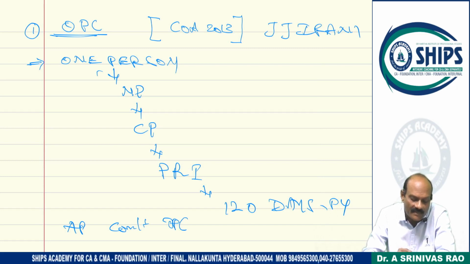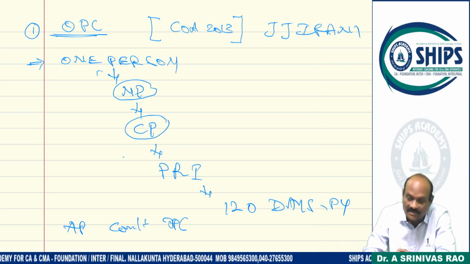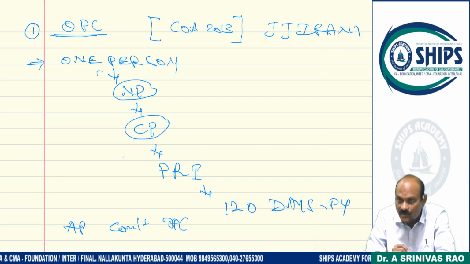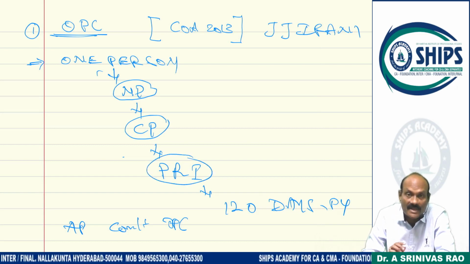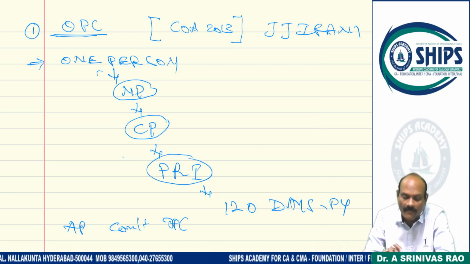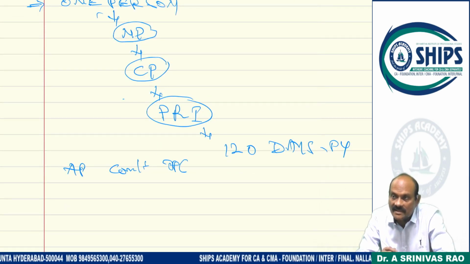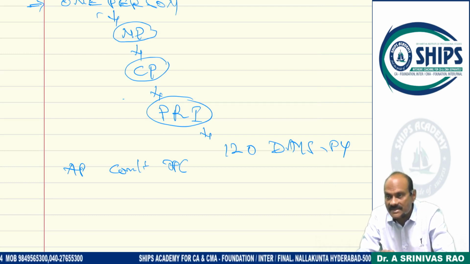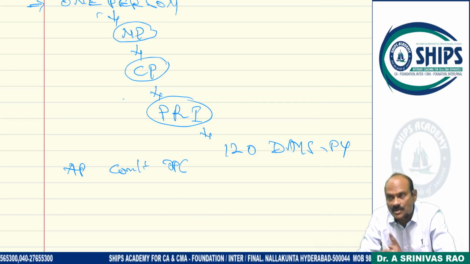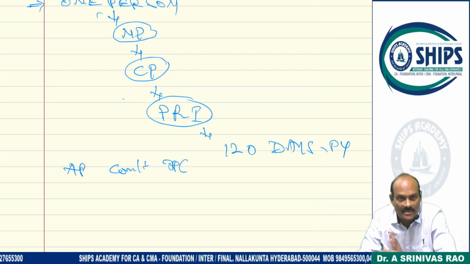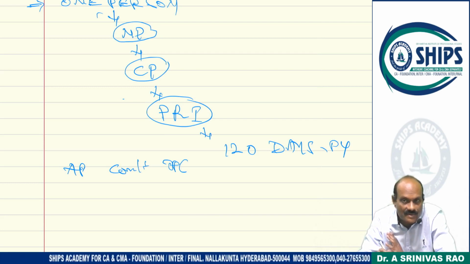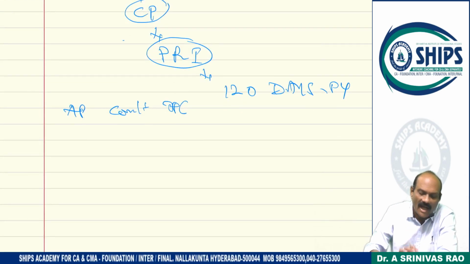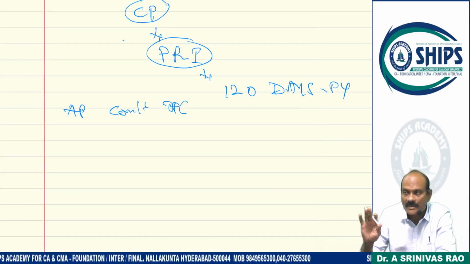So, an OPC can be started by a natural person, a competent person; of course, he must be a major, of sound mind, not disqualified by any other law, and a person resident in India. Who is the person resident in India? Income tax rules were different: 182 days we have to stay, whereas here it is 120 days. Remember the new change. Earlier it was 182 for OPC purposes, now it is reduced to 120 days. Fine. An artificial person cannot start.